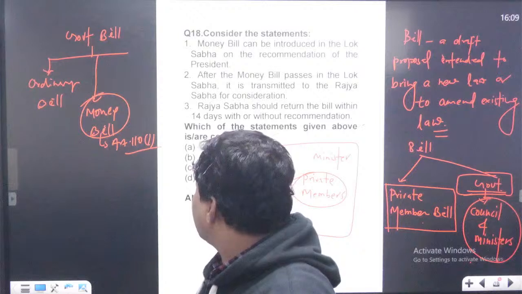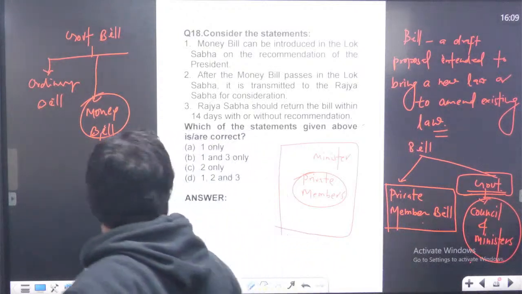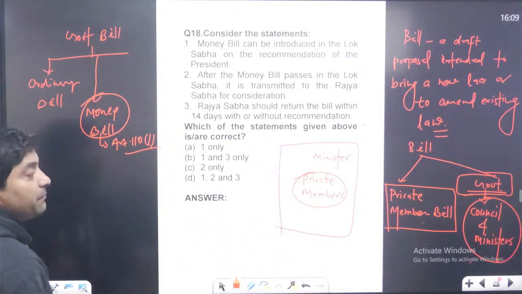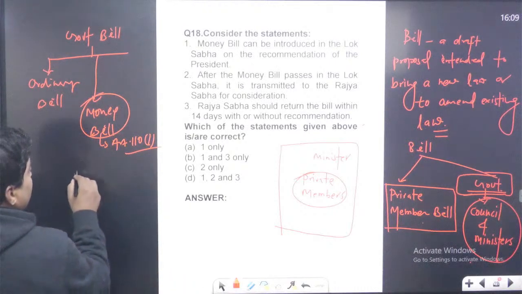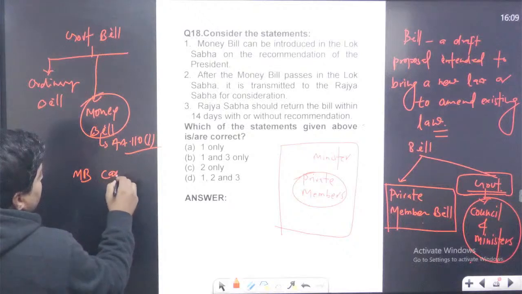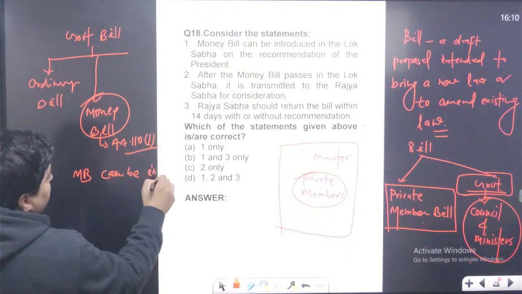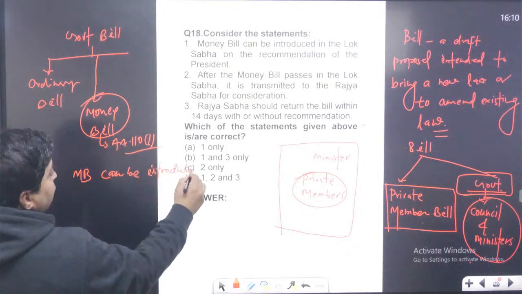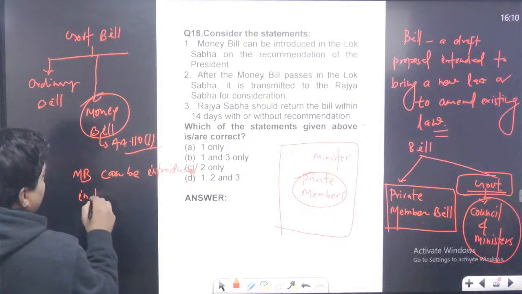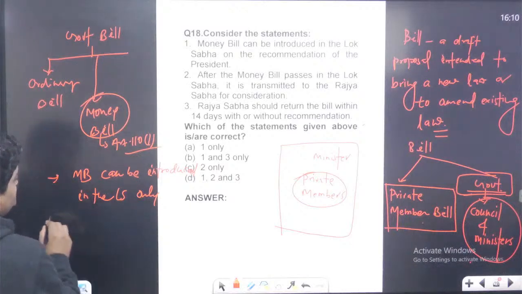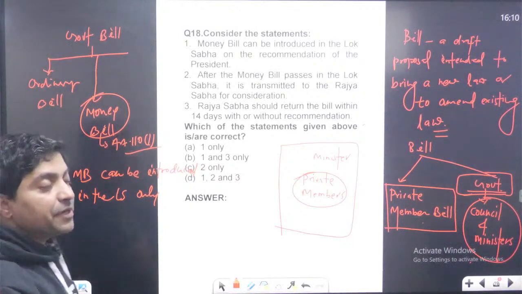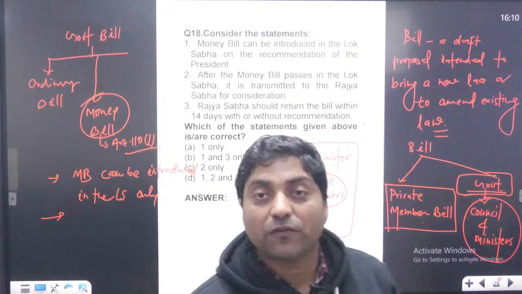Now, if you look at a few things, you must remember, money bill can be introduced in the Lok Sabha only, not in the Rajya Sabha, first thing. And it can be introduced with prior recommendation of the President.